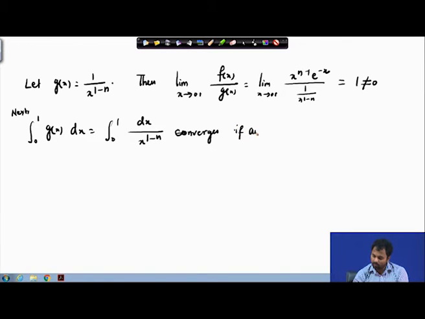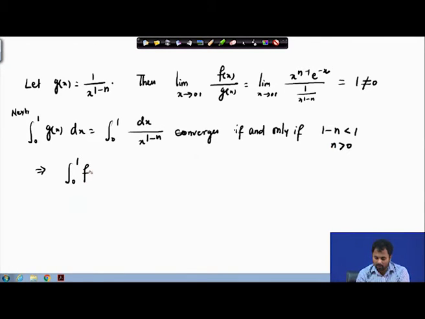1 minus n is less than 1. So, that means n is greater than 0. We just worked out an example like that. So, this integral converges only when n is positive. So, we have a limit test, with a limit which is non-zero, and we were able to show that this integral converges only when n is positive.